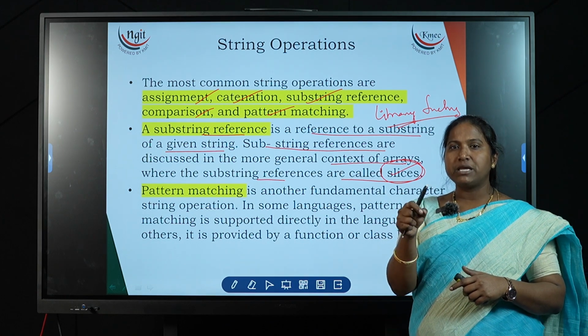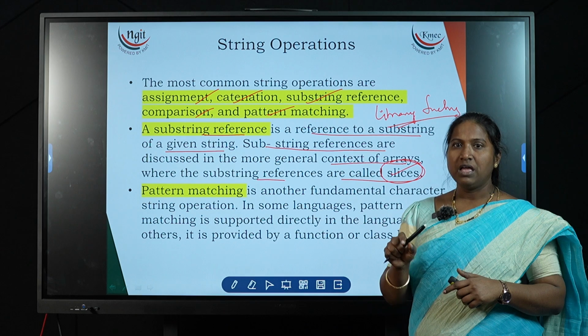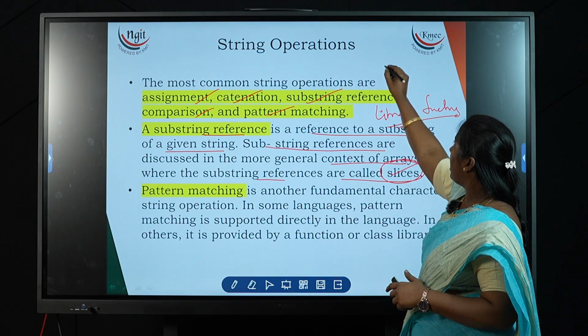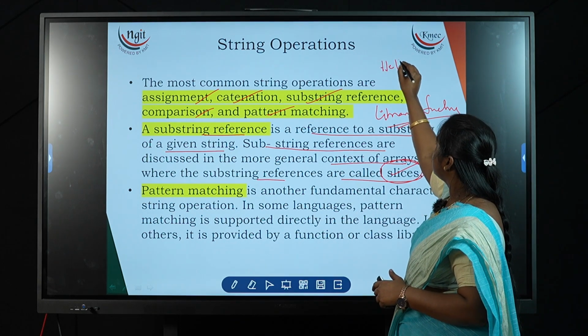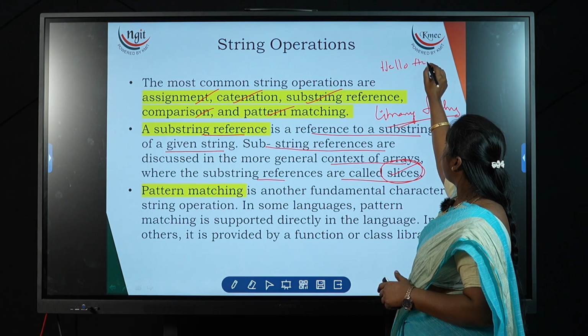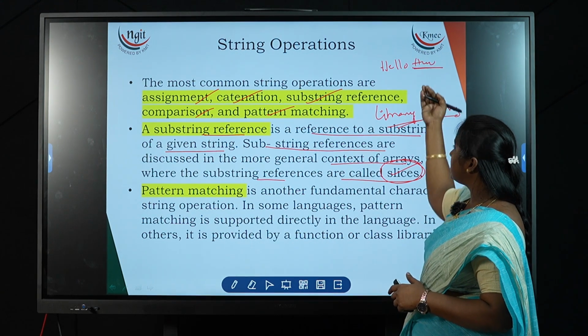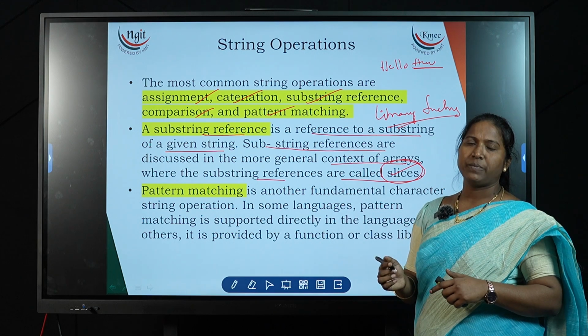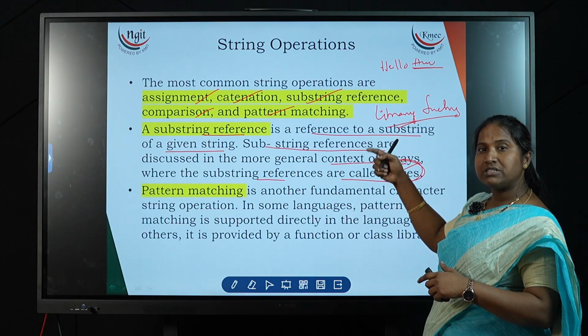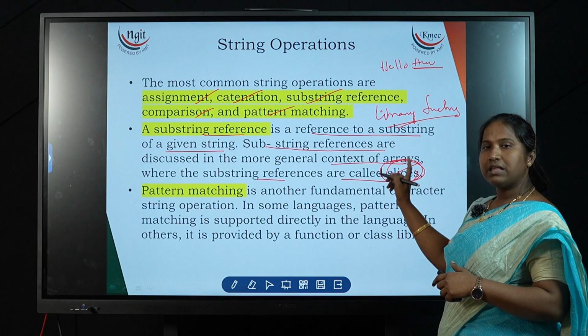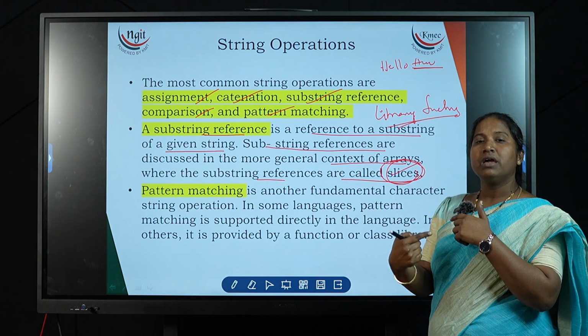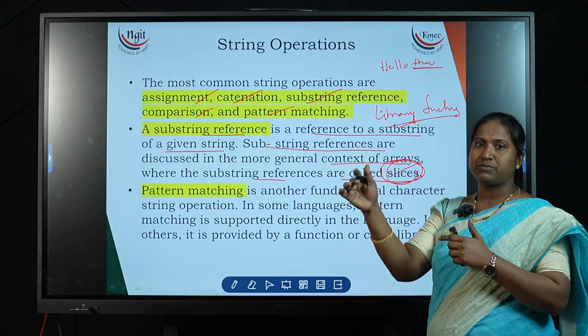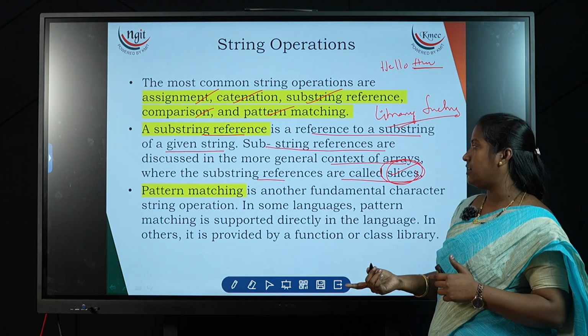A slice is a part of the string. If you give something like hello, how are you, this is your complete string. Now if I take a few characters from this string, that is called a substring. That substring reference can be given with a slice, and we'll see how slices can be used to refer to the substring in the next data type.